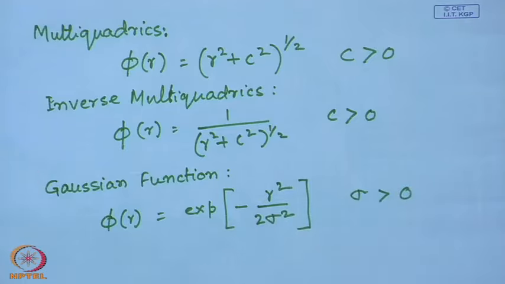And this r is a measure of the distance of the point from what I said as the receptor of the radial basis function.